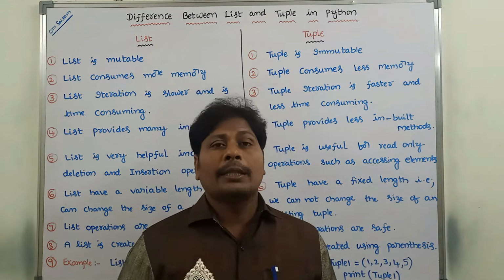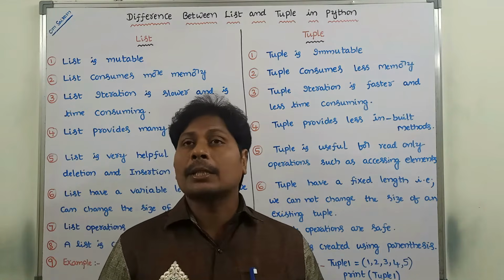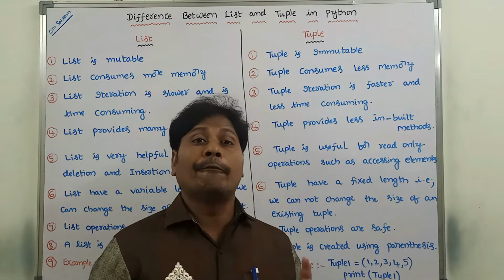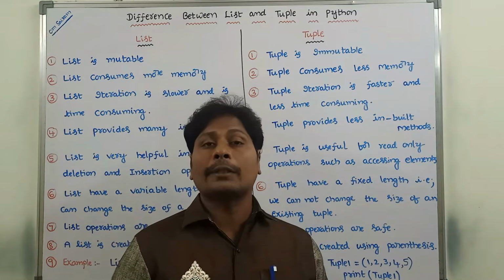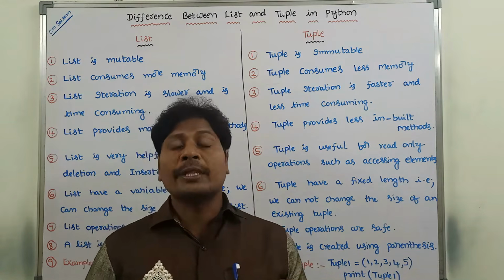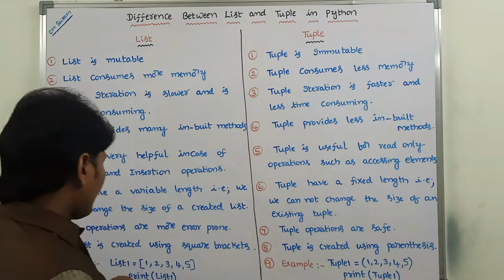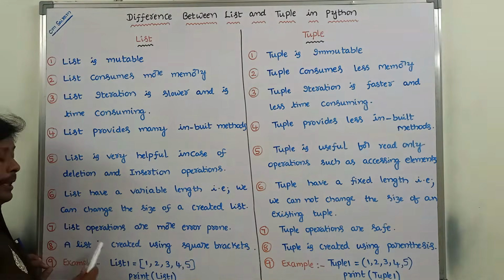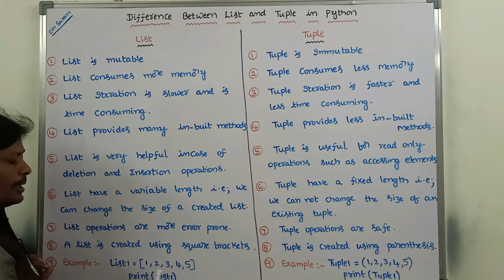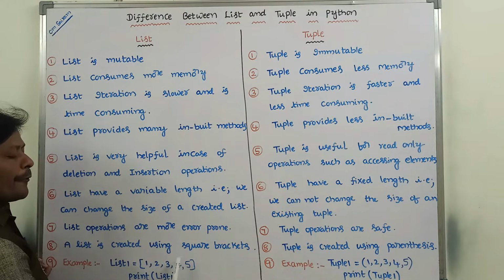First point, a list can be created using square brackets, whereas a tuple is created using only parentheses. The example for list is list1 equals, within the square brackets, 1, 2, 3, 4, 5.